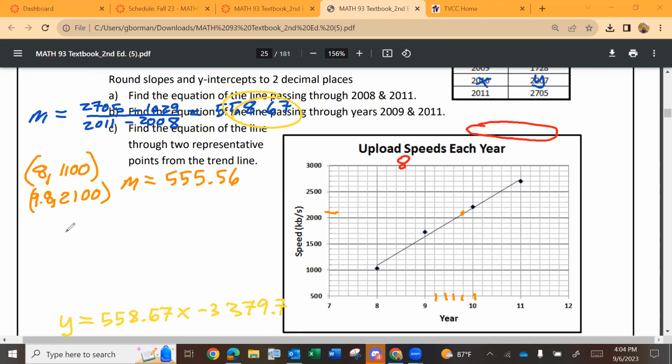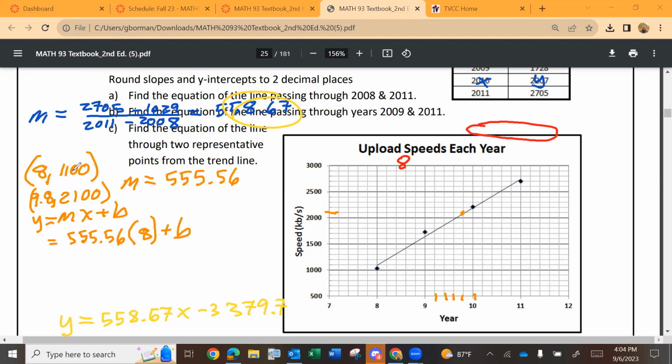Then we need the y-intercept. I'm working with straight lines, so that's y equals mx plus b. I'll plug in the slope for m. For x, I'll just take that first point. I'll plug in 8 for x, because 8 is the first coordinate of this point, so it's the x coordinate.